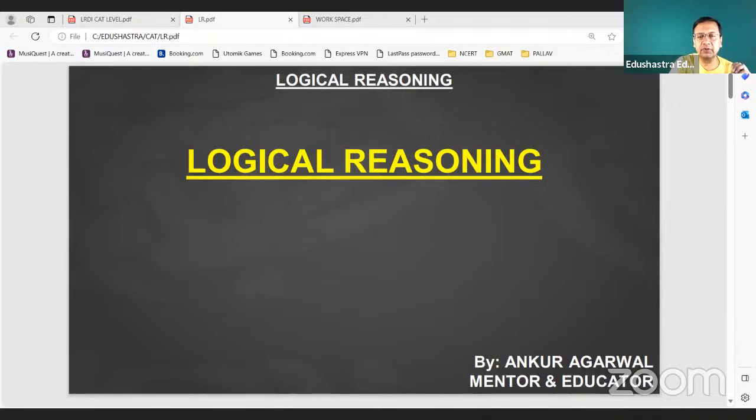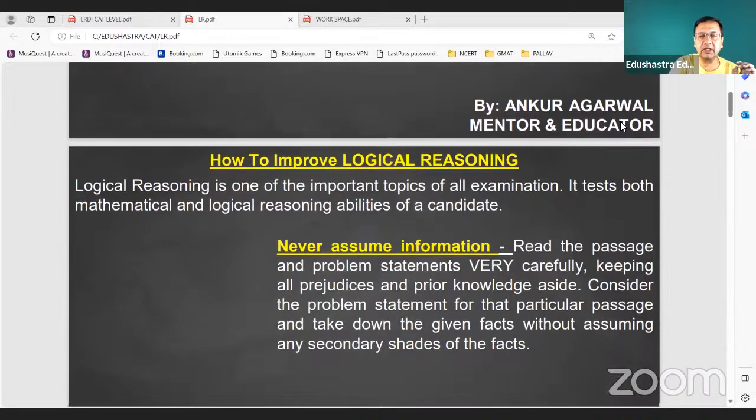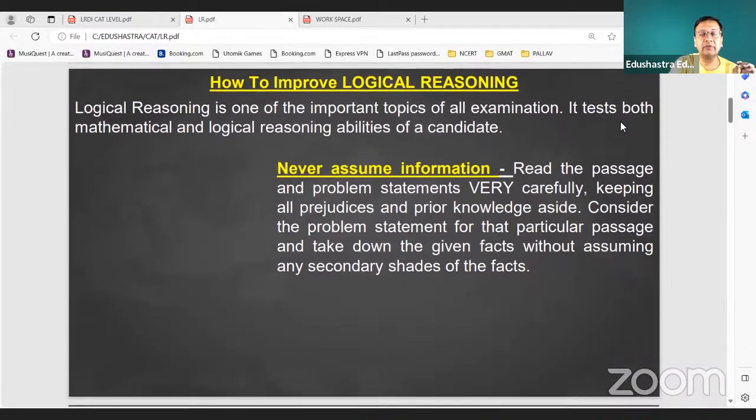Now, if I move with this part, that is some brief introduction to the logical reasoning section. The logical reasoning section is basically where you are having some questions which are typically not related to any topic. In quantitative, I can say this is arithmetic, this is algebra, this is geometry.